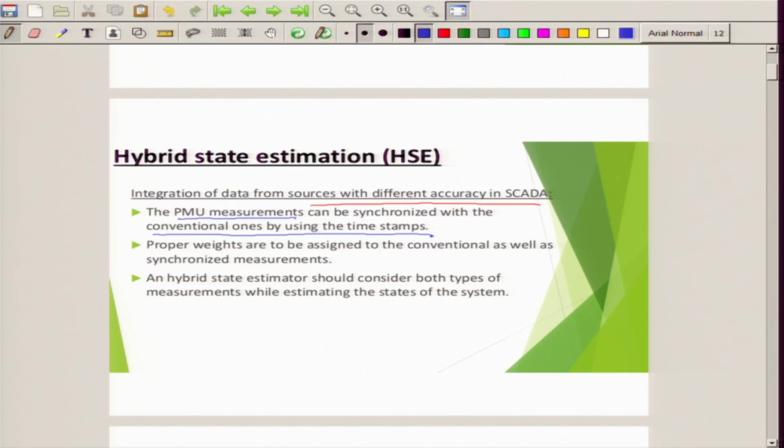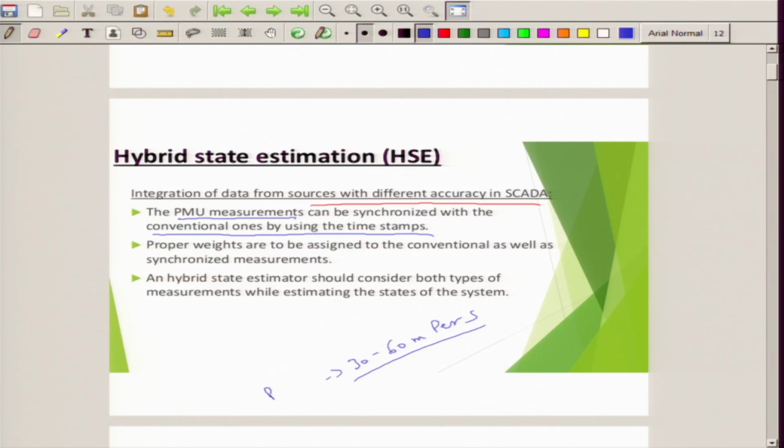Now you have at one side the PMU measurement, which is highly accurate. The accuracy of measurement is quite high because the PMU is designed to give you measurements on a very frequent basis, let's say 30 to 60 measurements per second, and it is also designed in such a way that it will give highly accurate measurement data, as compared with the conventional.